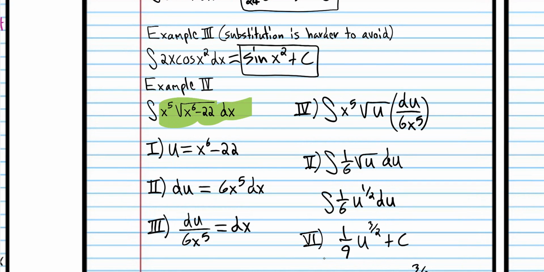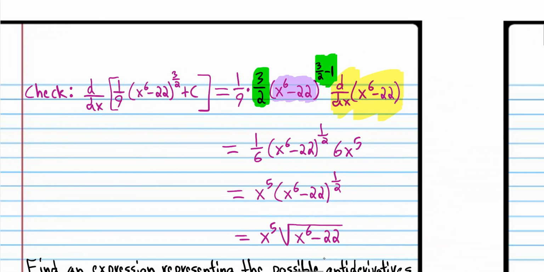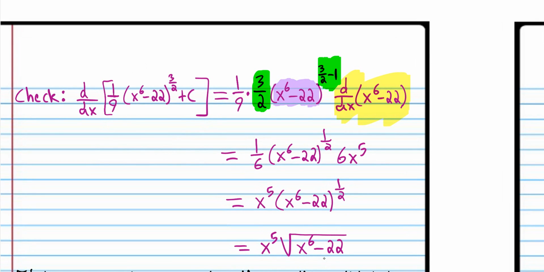If we're going to find the derivative, notice we have to use the chain rule, because we have an inside function and we have an outside function. So again, when you find the antiderivative to get this expression, you're doing the chain rule in reverse. So we're going to find the derivative of the outside function, that's this green part.